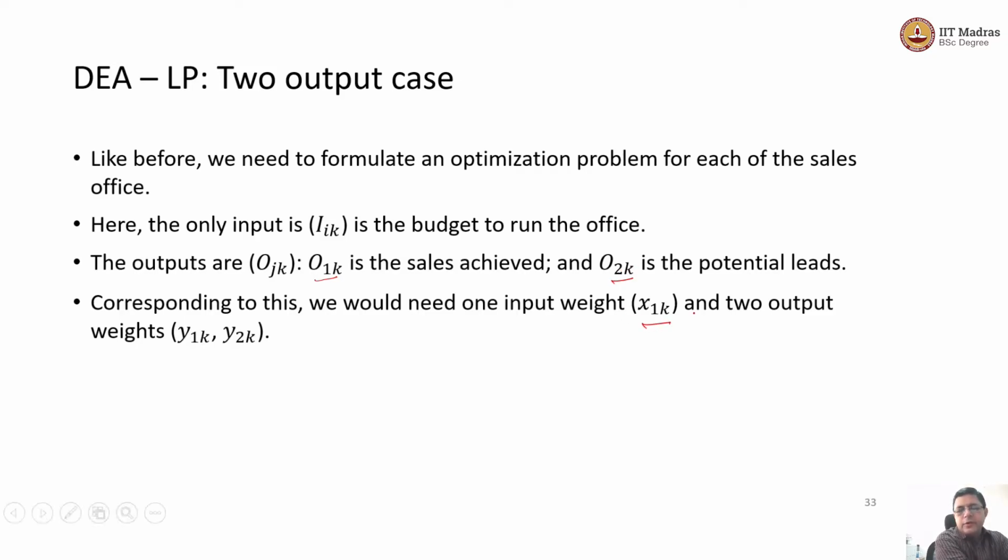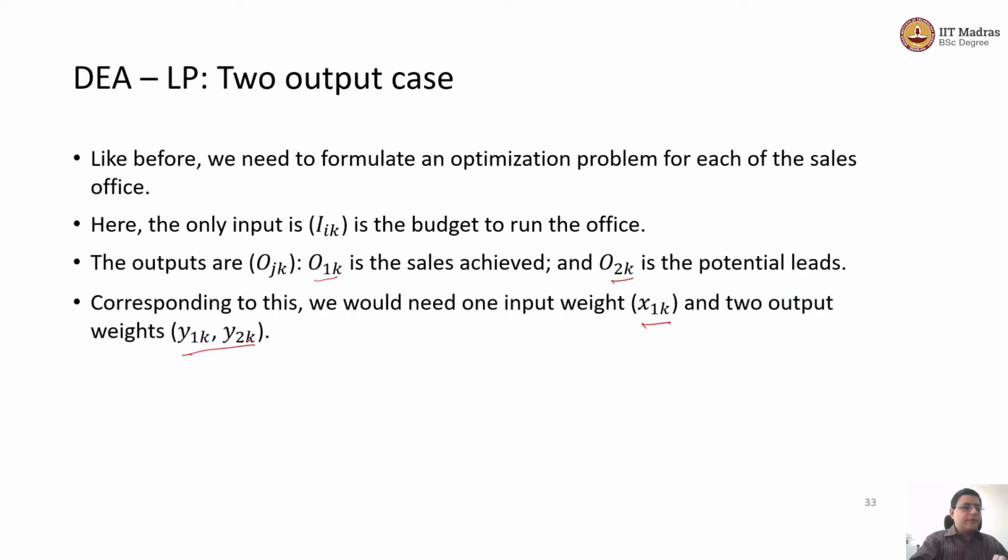X1K, so X11, X12, X13, X14, X15 will be the input weights used by each of the DMUs, and this pair Y1K and Y2K are going to be the output weights used by the DMU K. You change DMU K to be 1, 2, 3, 4, 5. You are going to get the different variables. Y11, Y21 are going to be the weights for DMU1, Y12, Y22 are going to be the weights for DMU2, and so on.